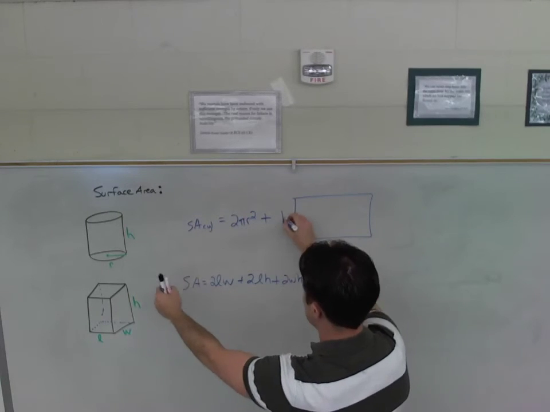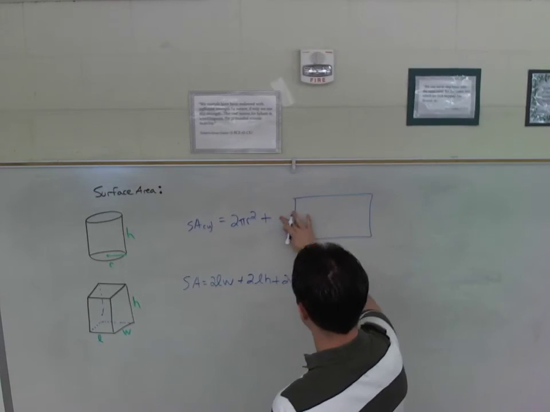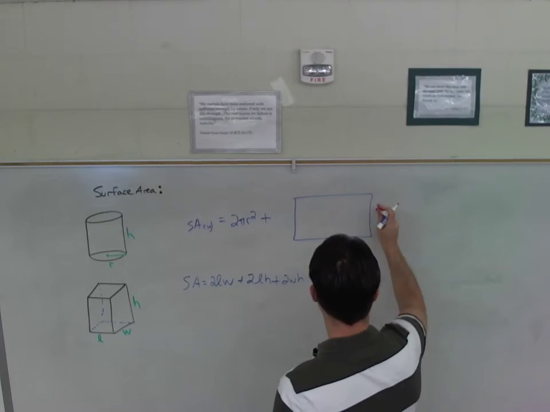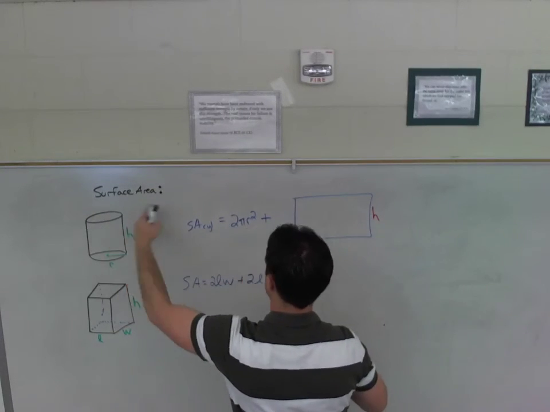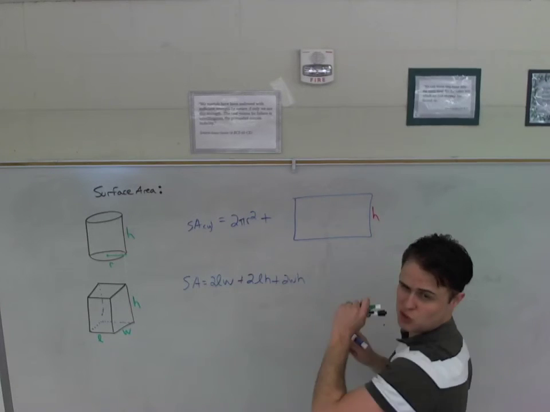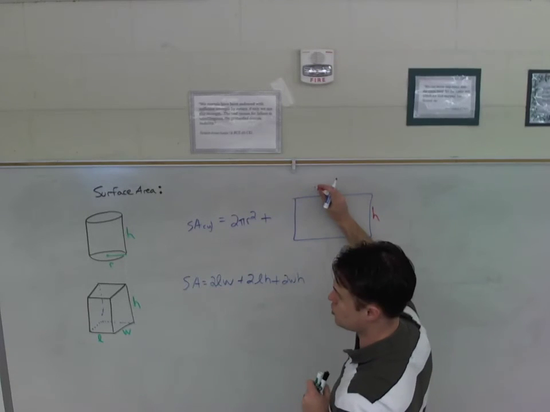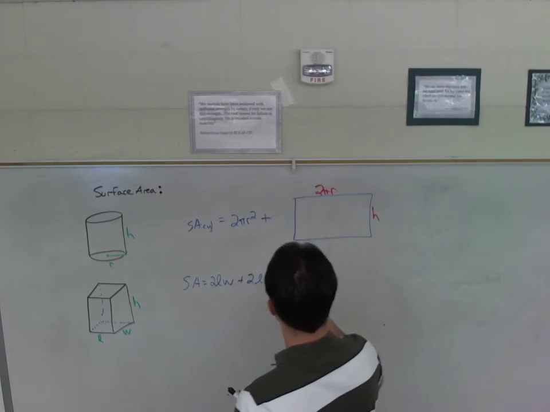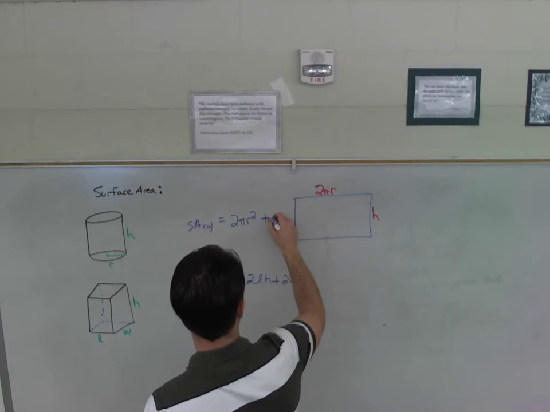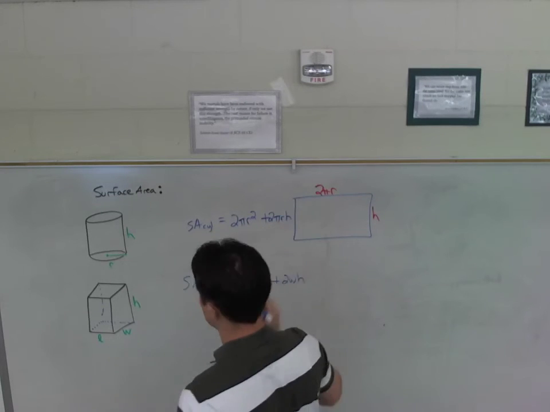So the height is right there, right? And then this part is this edge, which is the circumference, which is 2 pi r. Great. And we've got just one of those, so 2 pi r h.